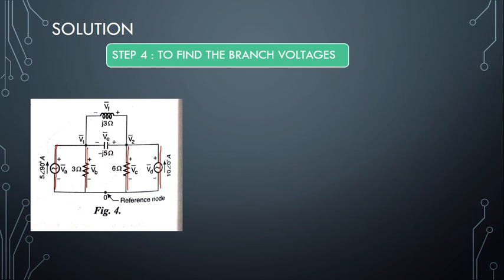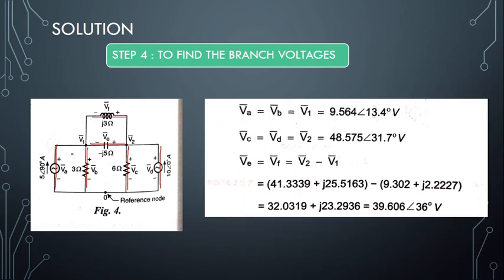This branch is VD. This branch it is VE. And this branch it is VF. So we have A, B, C, D, E and F, 6 different voltage values in our given circuit. And we are asked to find all voltages VA, VB, VC, VD, VE and VF. We will see how to do that.